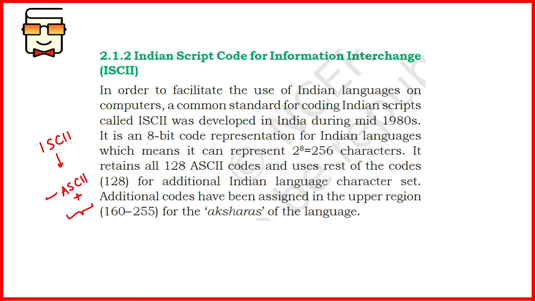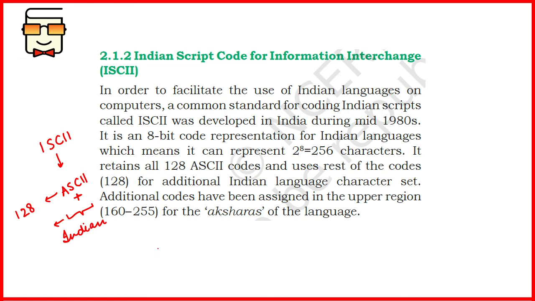So we know that the ASCII code represents 128 unique symbols, which can be alphabets, numbers, or any other symbols, and the remaining symbols belong to Indian regional languages.